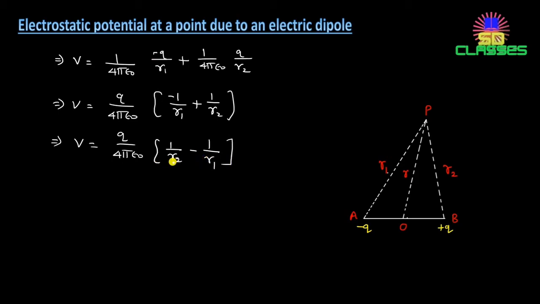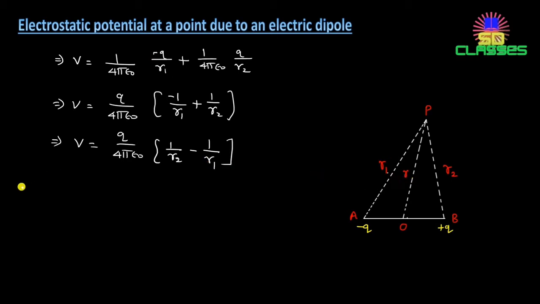You can see r1 and r2 should be written in the form of r, right? Otherwise I have to find r2 and r1 separately. So now my work is to replace this r2 and r1 by using this r.